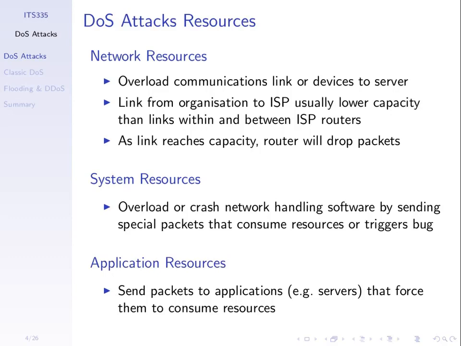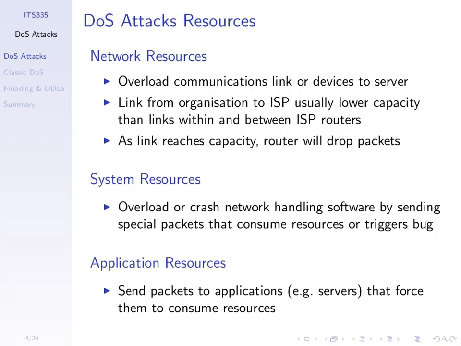And we'll try and illustrate that with a diagram, but a bottleneck arises at the organization's link. For example, SIT is connected to an internet service provider to get our outside internet access. Let's say that link coming from our ISP that we pay for into SIT is 100 megabits per second. That's the capacity of our link.